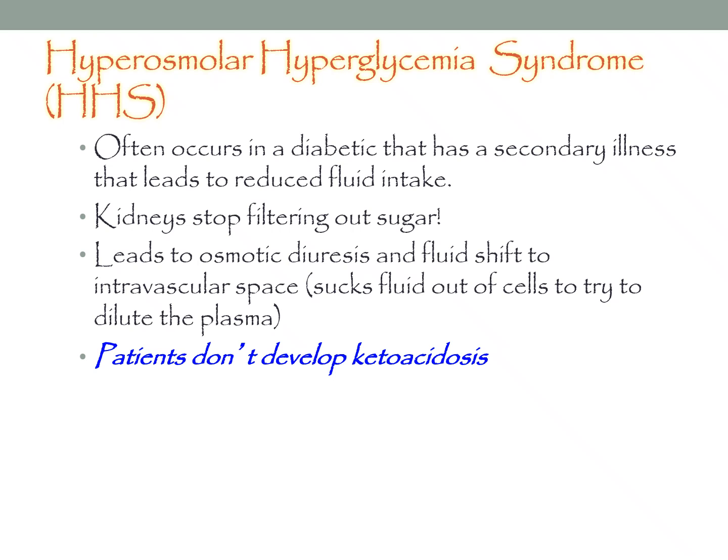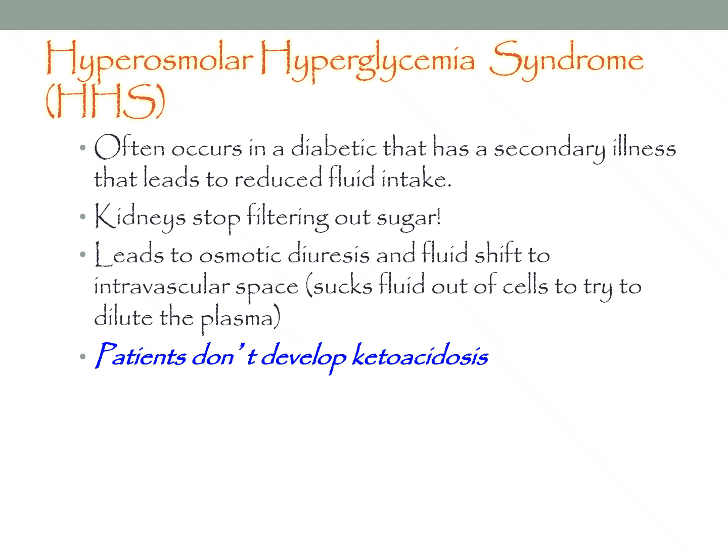Then remember, the kidneys will try to make up for this by excreting excess sugar in the urine, which is great, except in the case of HHS, the kidneys stop functioning properly and they start getting clogged. So the kidneys' ability to filter out sugar decreases, and the kidneys are still filtering water.